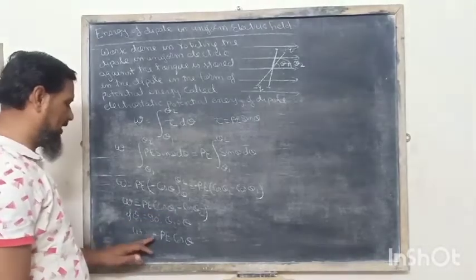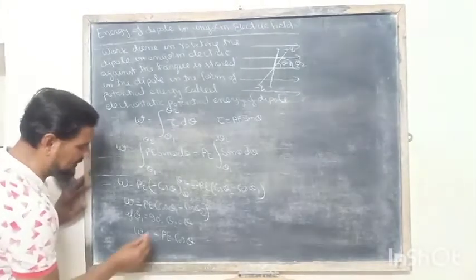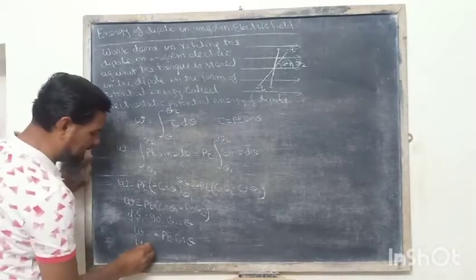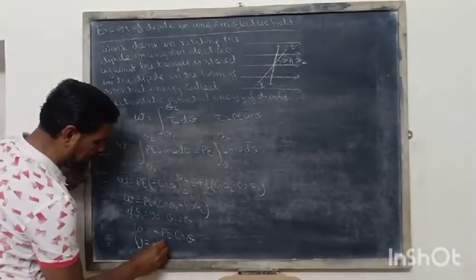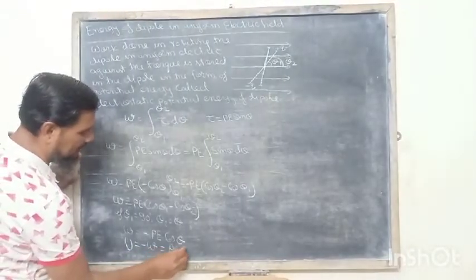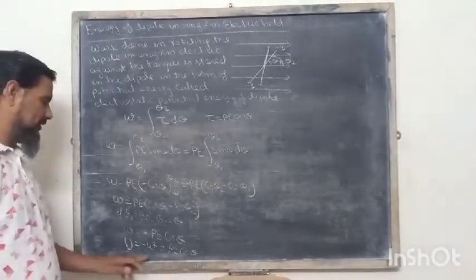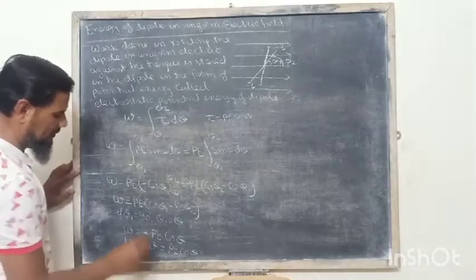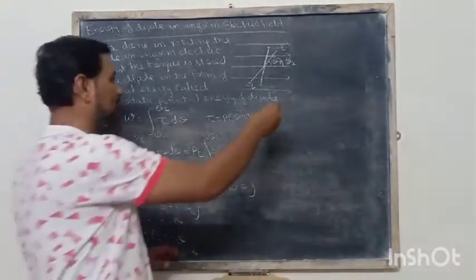So W is equal to minus Pe cos theta, and this is stored as the potential energy of dipole in uniform electric field. U is equal to minus W, which is Pe cos theta. So this is the electric potential energy of dipole in uniform electric field intensity.